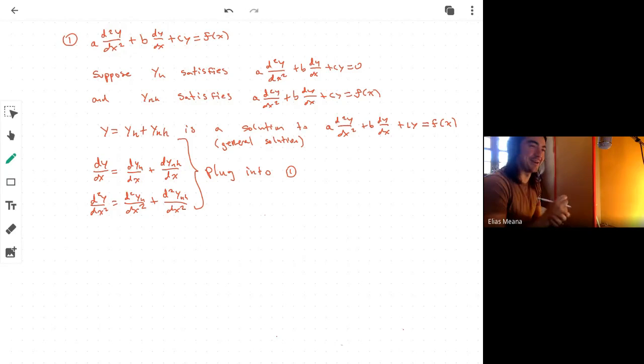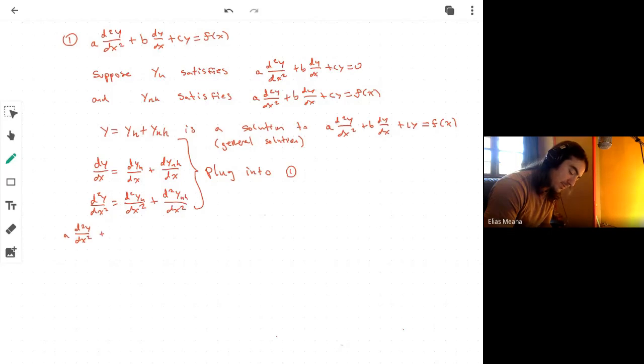Oh, okay. All right, so if we plug this into our original differential equation, we end up with, I'll write it out term by term, a d squared y dx squared plus b dy dx plus cy. This is going to equal, right? So let's just plug all these things in. a times brackets d squared yh dx squared plus d squared ynh dx squared, right?